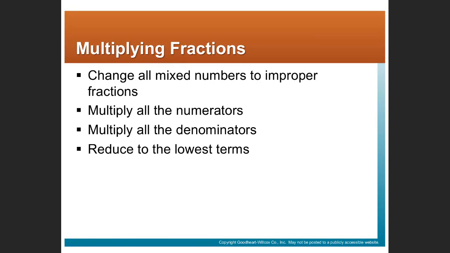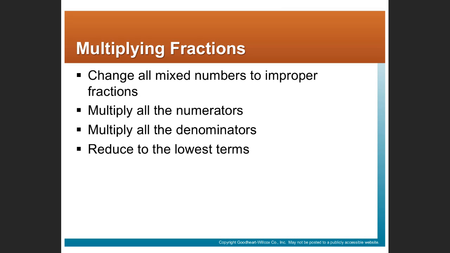Let's tackle one or two more things here, and then we'll take a break. Actually, we'll do this one. So when we are multiplying fractions, we want to change all mixed numbers to improper fractions, right? Remember, a proper fraction is one where the numerator is less than the denominator.